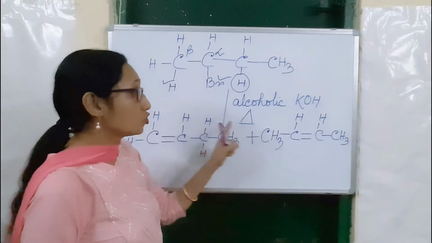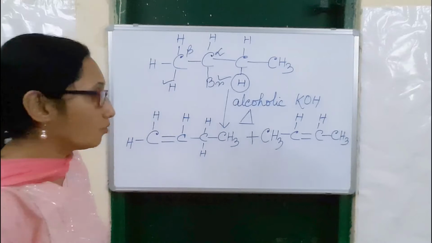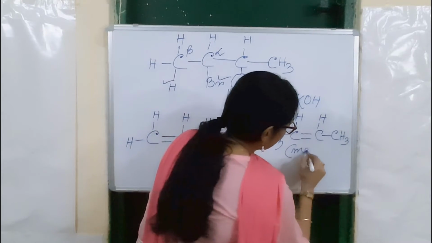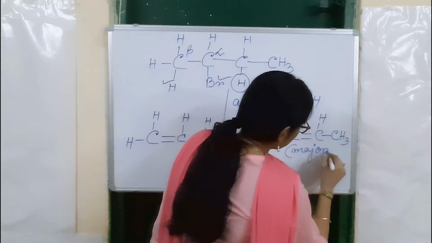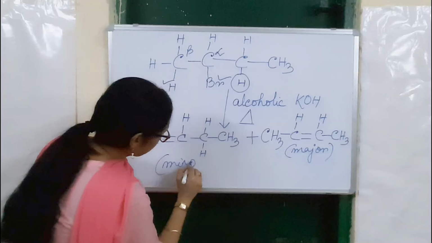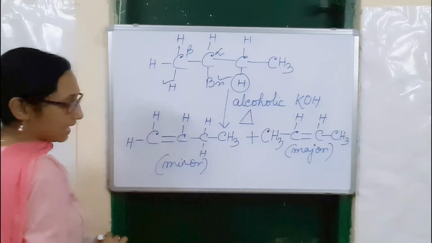Now among these two products, one will be the major one. So which one is the major product? This product is the major product. And this one is the minor product. Now what is the IUPAC nomenclature of this alkene?